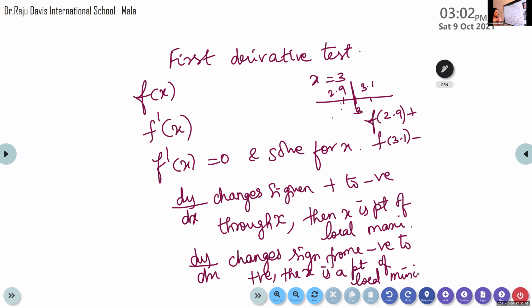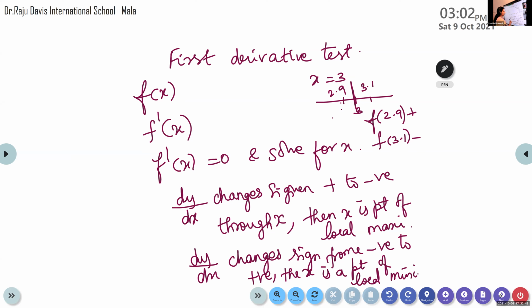If the sign is changing from negative to positive, it is a point of local minima. So this is about local maxima and minima using the first derivative and second derivative tests.